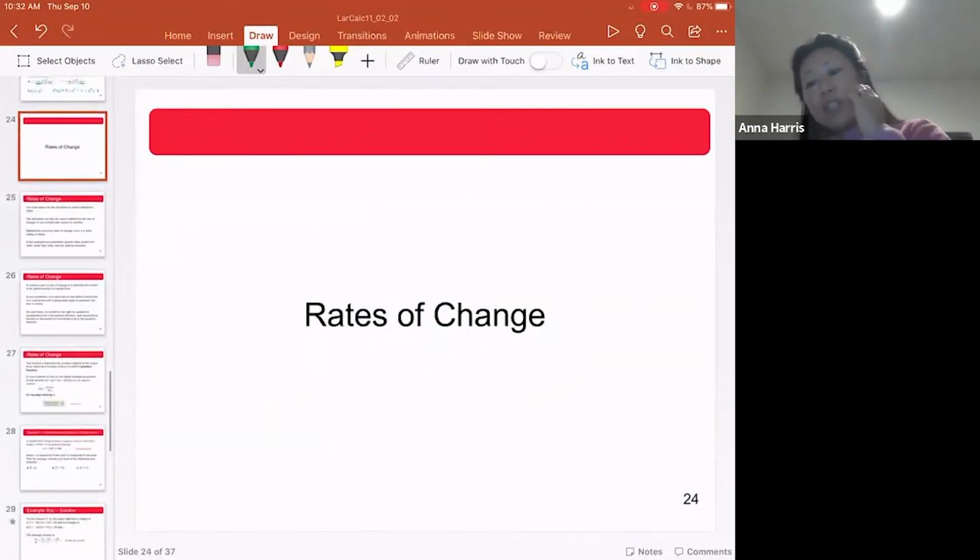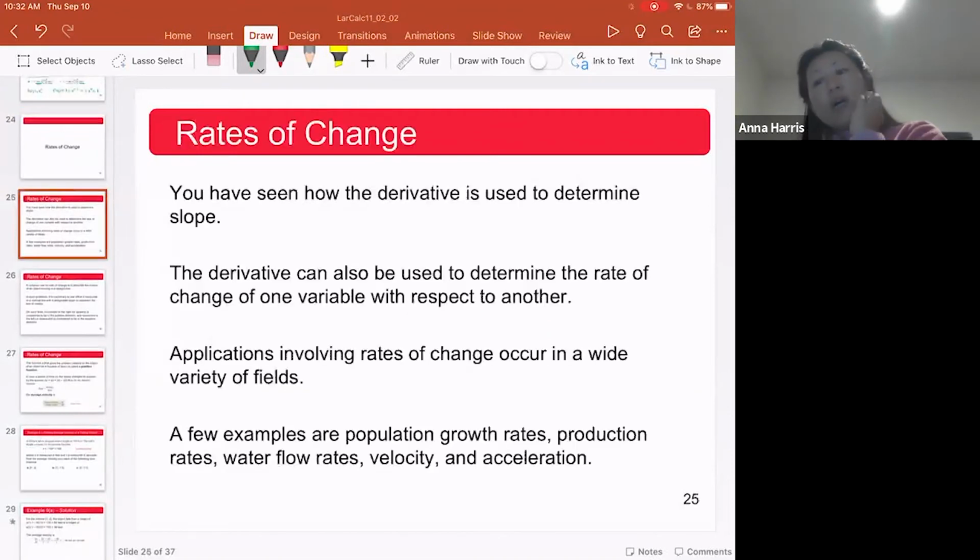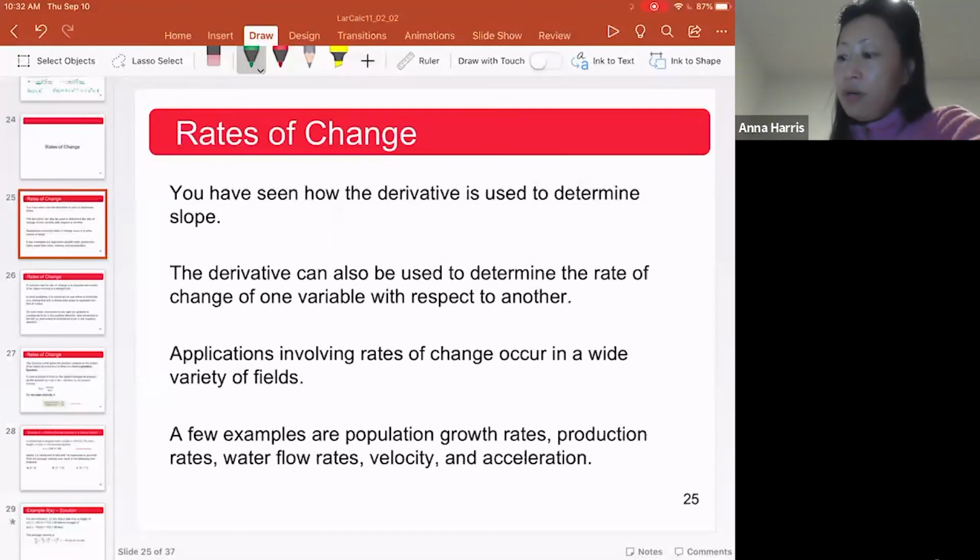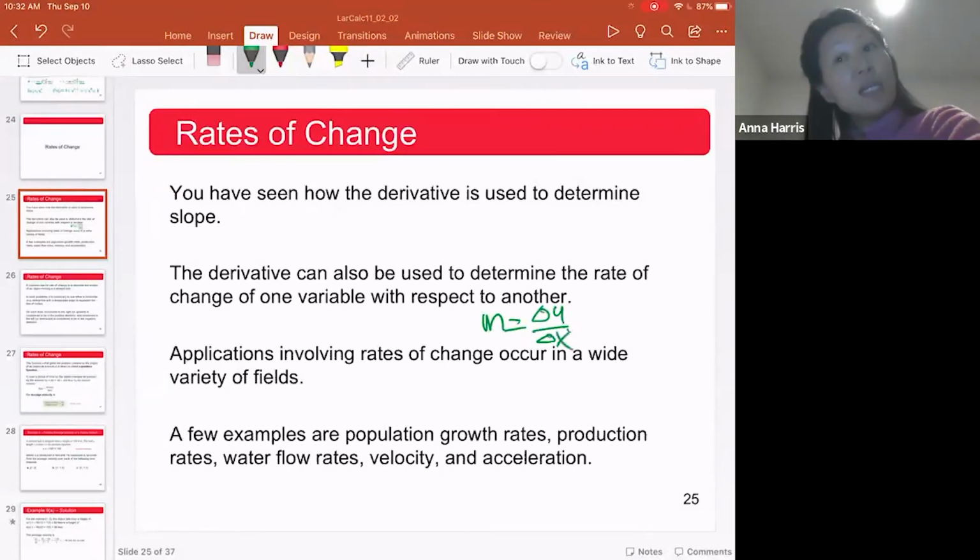The rates of change. Okay, you have seen how the derivative is used to determine slope, which we did yesterday. Derivative can also be used to determine the rate of change of one variable with respect to another. Yes, we know that because remember, m equals dy divided by dx, right?